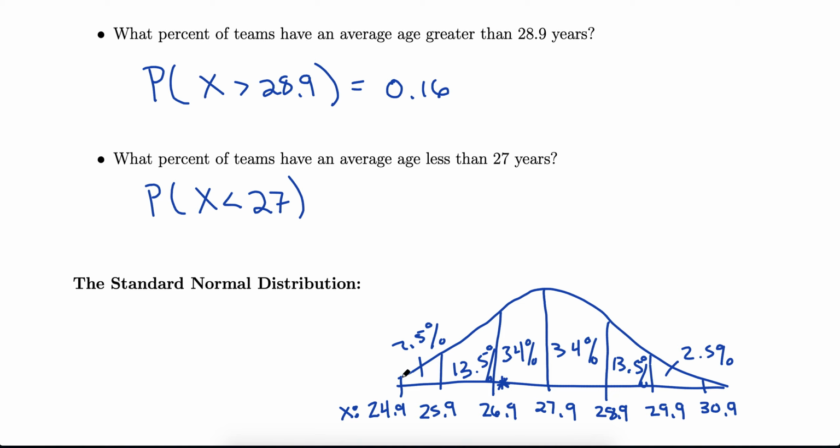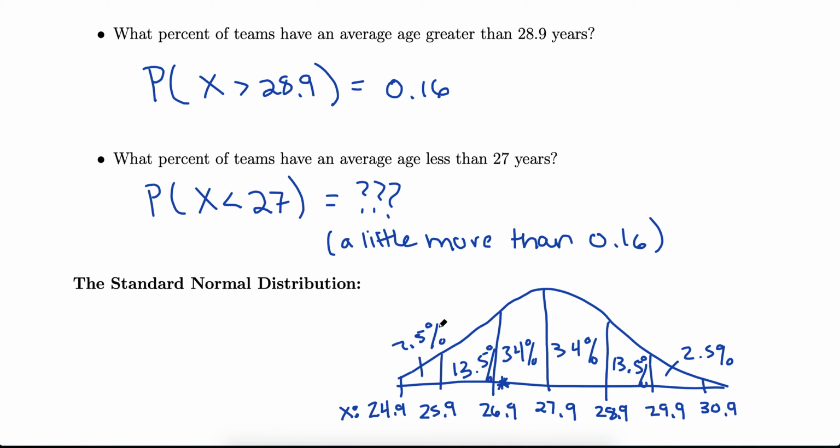We know it's going to be 2.5 plus 13.5, so 16 plus a little bit more, this other sliver of area, but we can't quite answer that accurately. So I'm just going to put, for the moment, don't know. We know it should be a little more than 16% based on our picture, but we can't say much more than that.